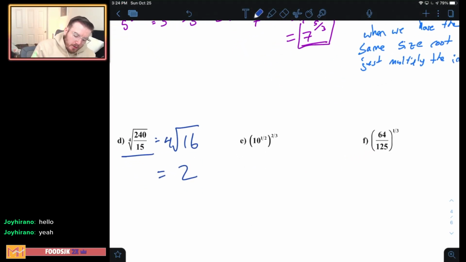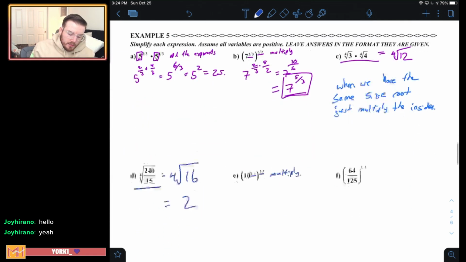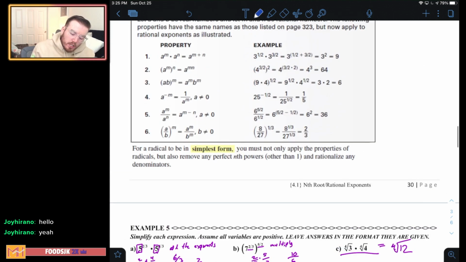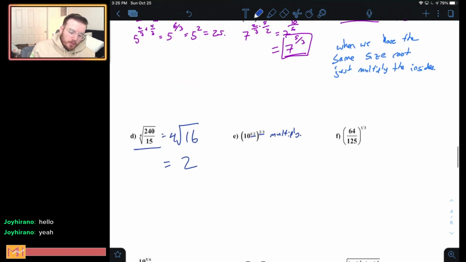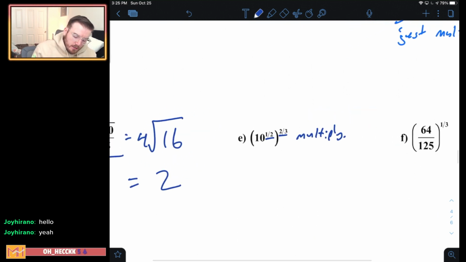Again, how do we handle an exponent to an exponent? We multiply. I'm not going to lie, the list of properties is not the shortest in the world, but if you look at these examples and you look at this property table while doing the classwork, it's not like we're doing something particularly difficult.